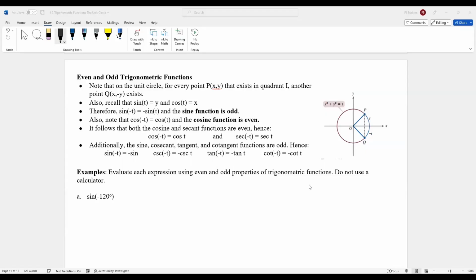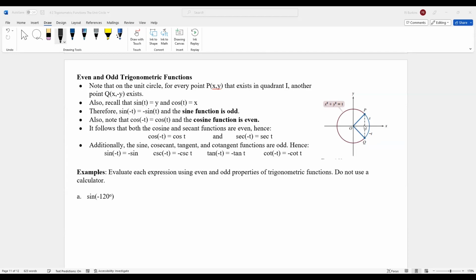All right, so the last part of section 4.2 is dealing with what we call even and odd functions, specifically, we're talking about the trigonometric functions. So note on the unit circle, if I look over here, I get angle t or arc t if I go in the positive direction, and I get negative t if I go in the negative direction.